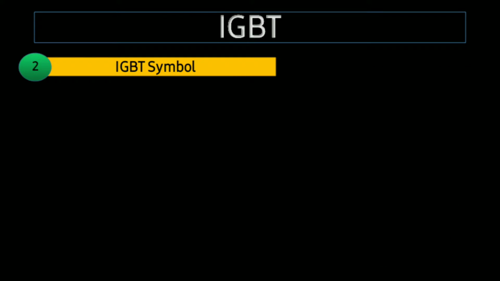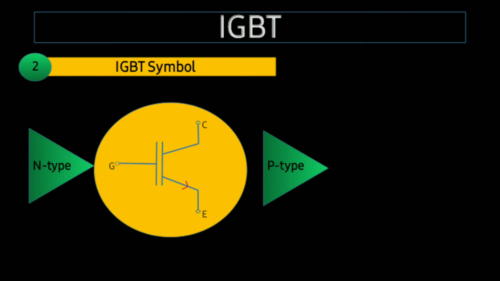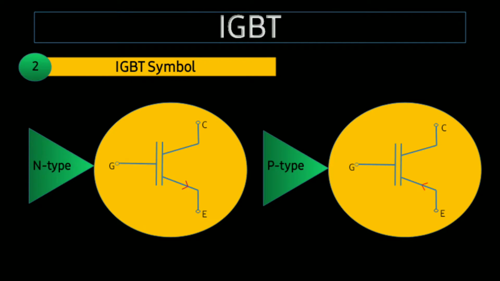Next we shall see the IGBT symbols. We have P-type and N-type IGBT. This is the symbol for the N-type IGBT and this is the symbol for the P-type IGBT. It consists of three terminals: collector, emitter and gate. As I mentioned earlier, the IGBT is a fusion of the BJT and MOSFET.